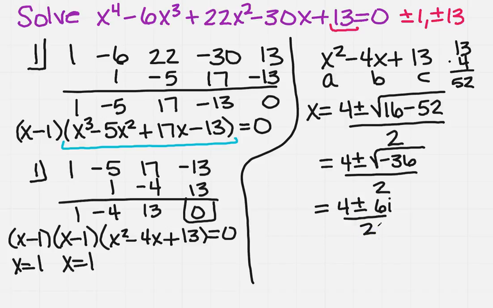Now each term has a 2 in common. So I can divide by 2, so this will give me a 2, and this will give me a 3. So I get 2 plus or minus 3i, don't forget the i, over 2. Wait, that's 2 plus or minus 3i. So there's two of my solutions. Now remember, we also said that 1 is a solution. We used it twice, but we just write it down one time as a solution.